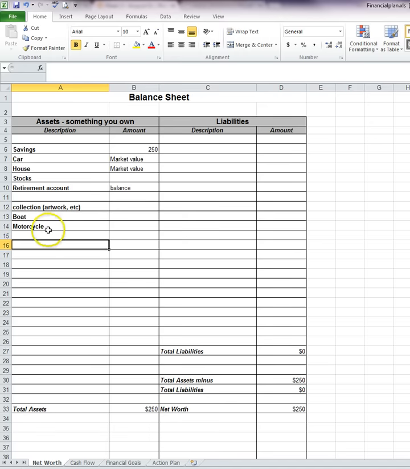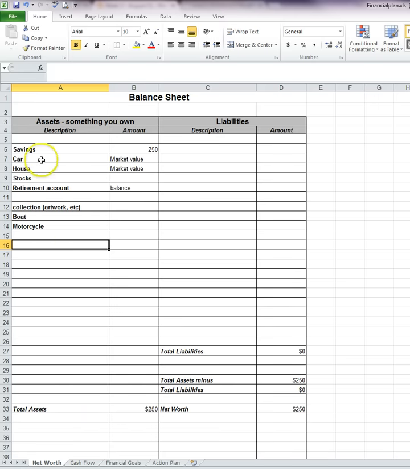Now that I've just said that, I want to talk about a car and a boat and a motorcycle. While these are assets on your balance sheet, they are not the type of assets that we want to grow our money with. For example, these are depreciating assets.